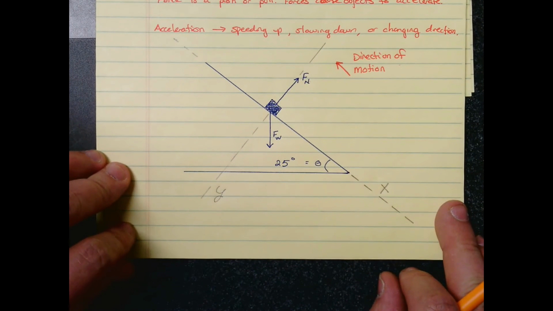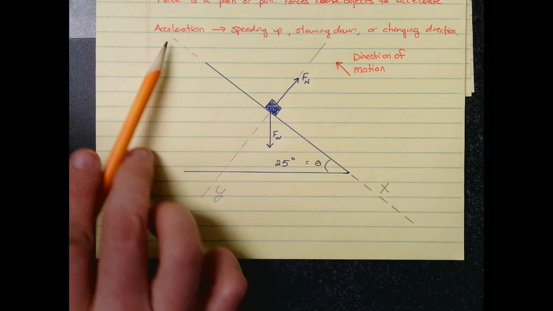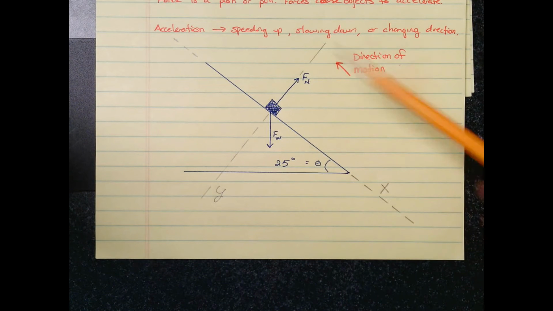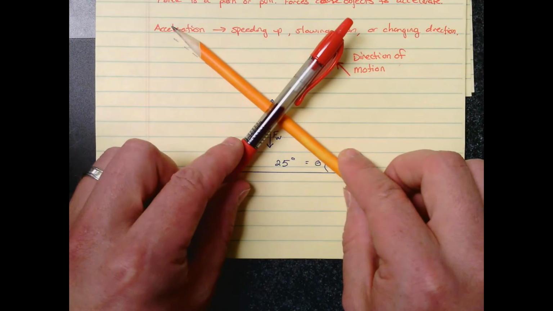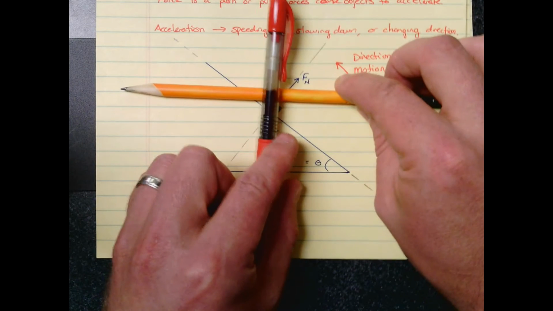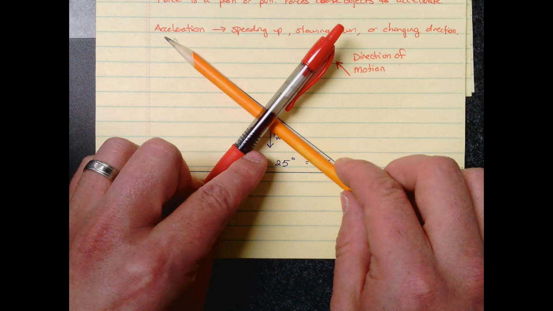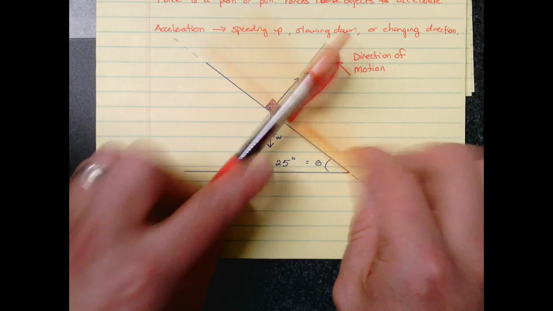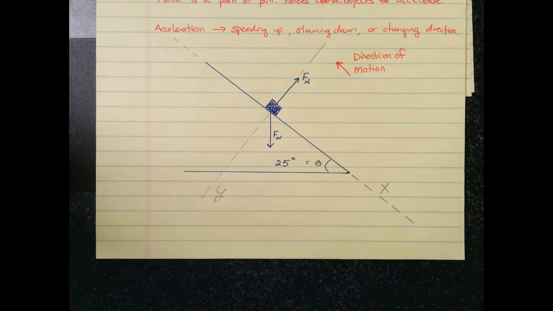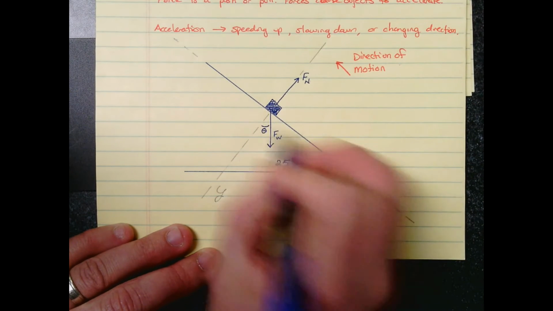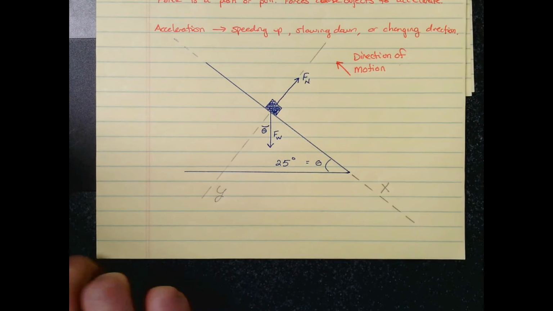Really all I've done is take the X axis and the Y axis, which are indeed perpendicular to each other, and rotate them slightly from what they would normally be. I've actually rotated them 25 degrees. So because I've rotated them 25 degrees, this angle here is also going to be 25 degrees.